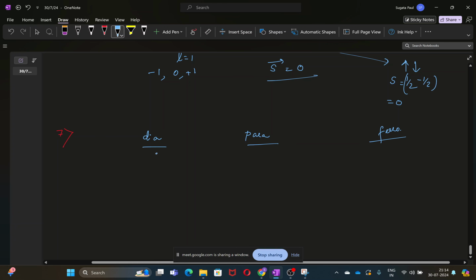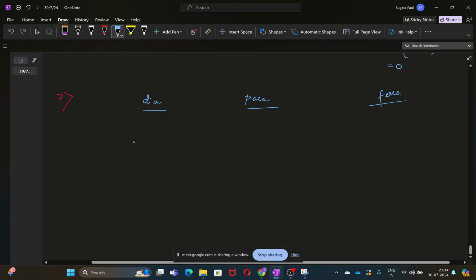Diamagnetic property is when the solid that you are provided with has no unpaired moment or magnetic moment present inside. When you apply a field, it has some very weak magnetization induced inside it, but otherwise it does not have a magnetization. So it is the weak diamagnetization. And then paramagnetic materials are those that already have an unpaired electron spin present inside the electron shells, and that is why you have a magnetic moment.